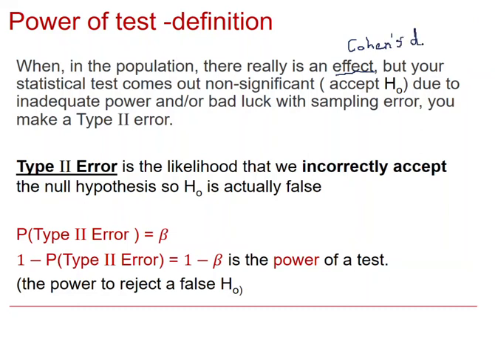And quite a simple one perhaps to research is one called Cohen's d. You'll recall the probability of a type 2 error is denoted beta, and 1 minus the probability of a type 2 error is called the power of a test. It's the power to reject a false null hypothesis.